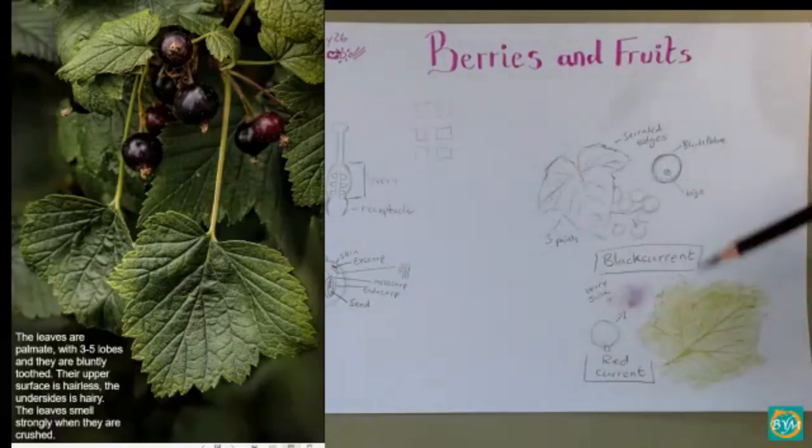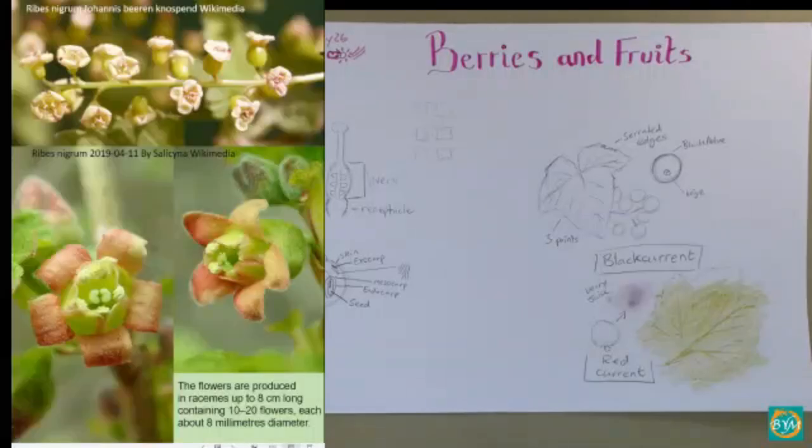They are very closely related, so they're going to look very similar. The upper side is hairless, the underside has some small hairs, perhaps a little bit more hairy on the black currants than the red currants. And when you crush the leaves, they have a really strong smell of black currant. So again, that's another thing that makes it quite obvious.